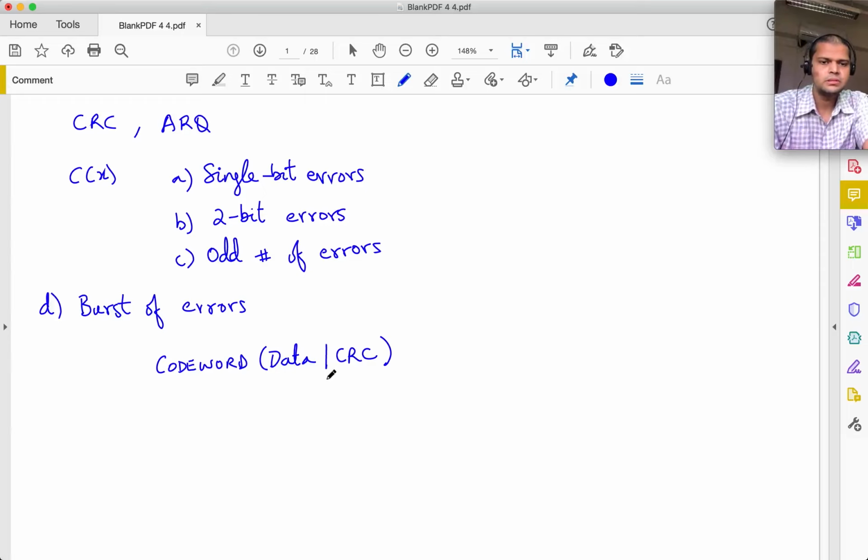So sometimes this is used as a notation for concatenation of bits. So these are the bits 1 0 1 0 0 0 1 0 0.